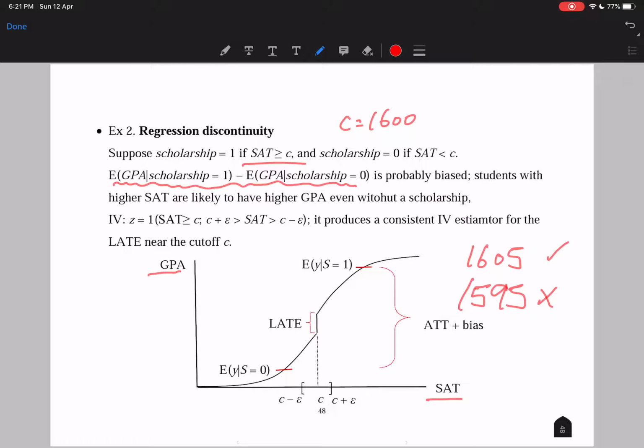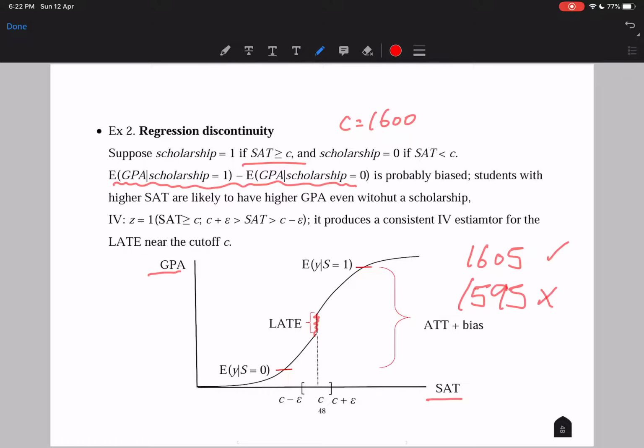Okay, so intuitively we can use the cutoff to construct an instrument and only compare people slightly above the cutoff and those slightly below the cutoff, and their difference will give us the local average treatment effect.